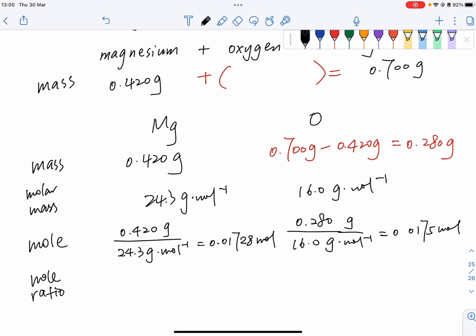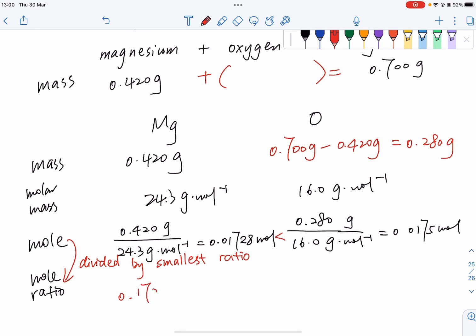Alright, so now we have 2 moles. Can we compare them? Which one is the smaller one? Which one is the bigger one? Remember, if we go from mole to mole ratio, that is always divided by the smallest number, right? So here apparently 0.01728 is smaller. So we use this number to divide it by itself. The one will be 1. What about the one on the right?